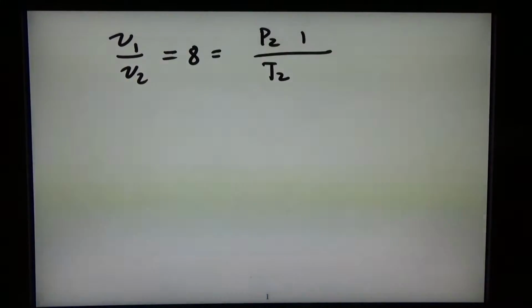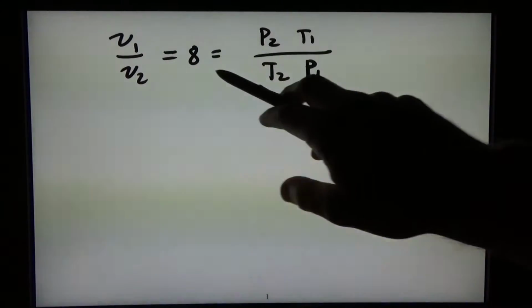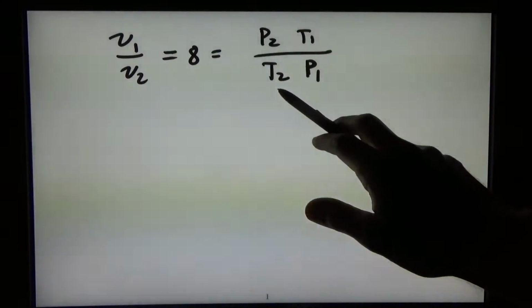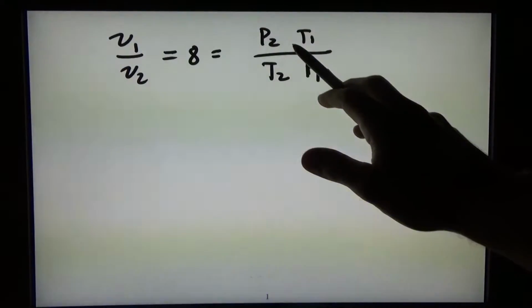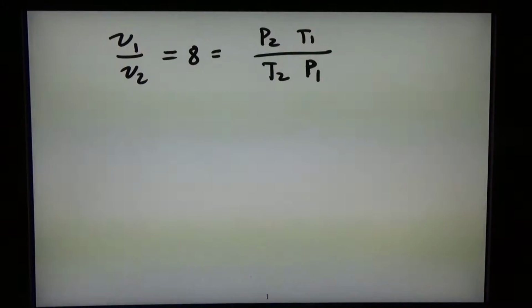So T1 is going to come up top, P1 is going to go down below. Alright, and then here I know this is equal to 8. I'm looking for T2. I know T1 and P1, but I still don't know P2. So I still only have one equation and two unknowns.